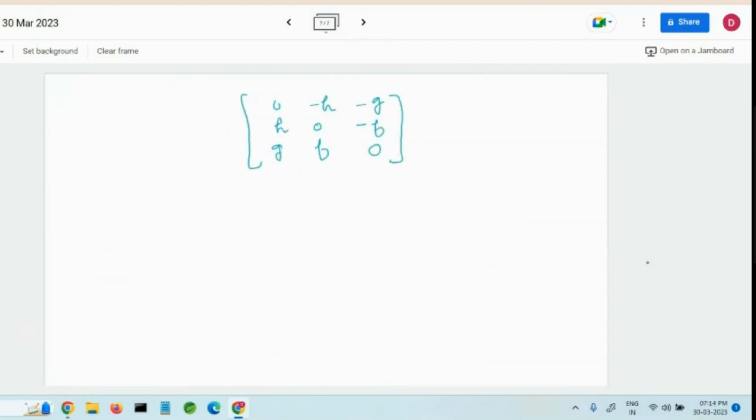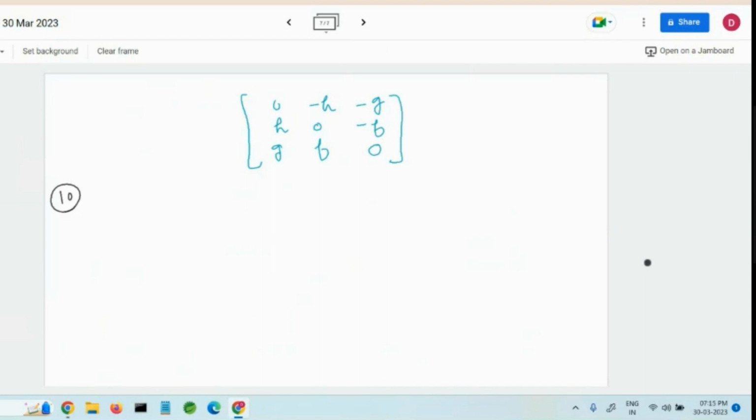So the next matrix is the triangular matrix. As we talk about the triangular matrix, it is divided into two parts. The first one is the upper triangular matrix, and the second one is the lower triangular matrix.